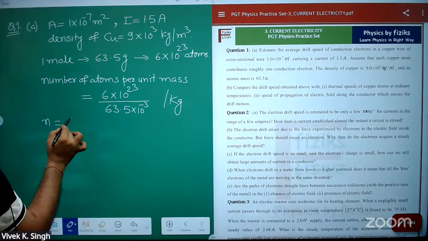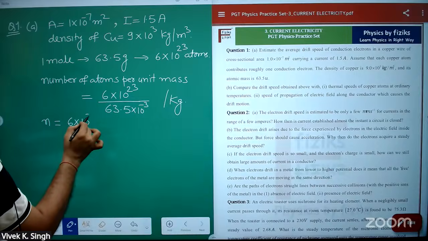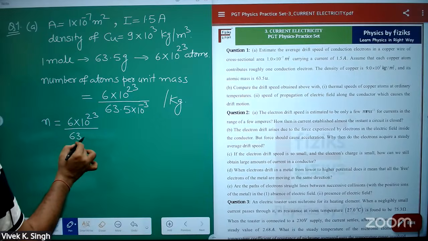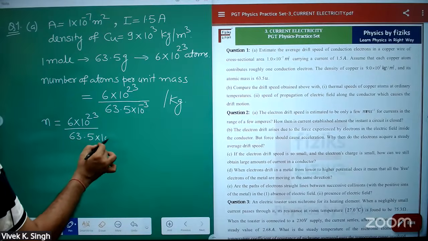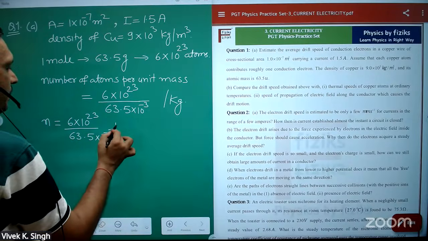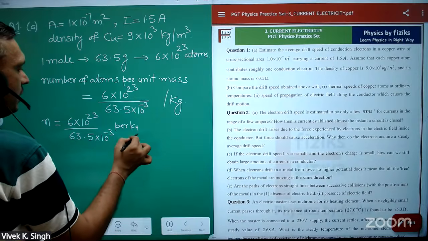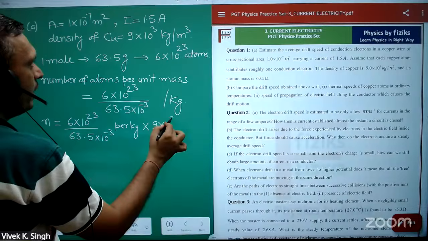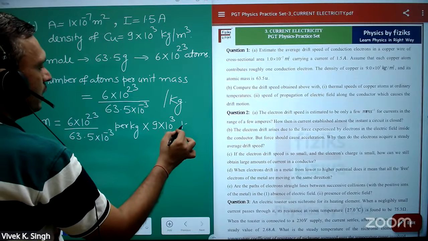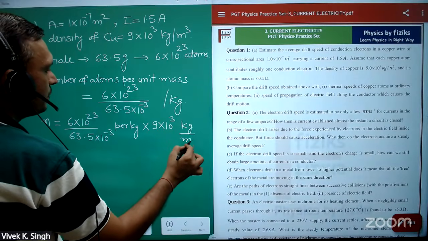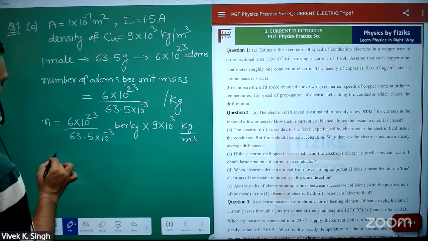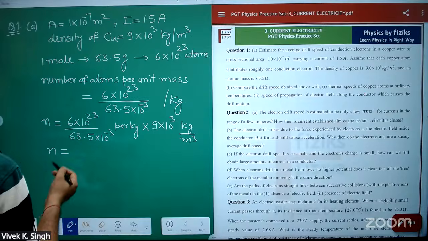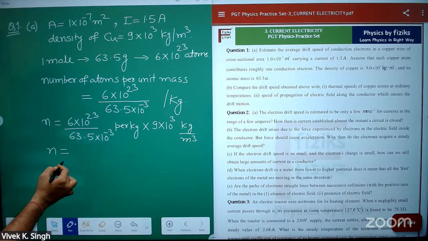So this is 6 into 10 to power 23 by 63.5 into 10 to power minus 3 per kg, multiplied by 9 into 10 to power 3 kg per meter cube.